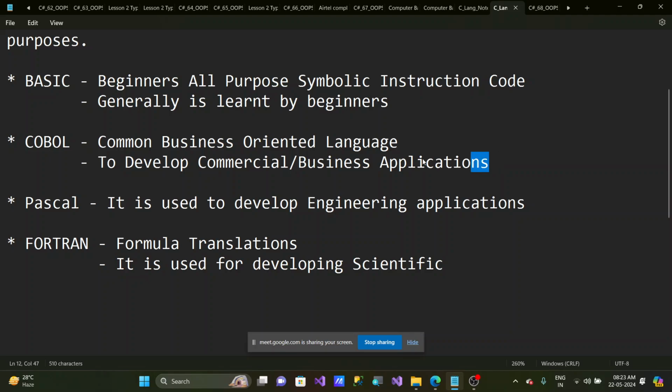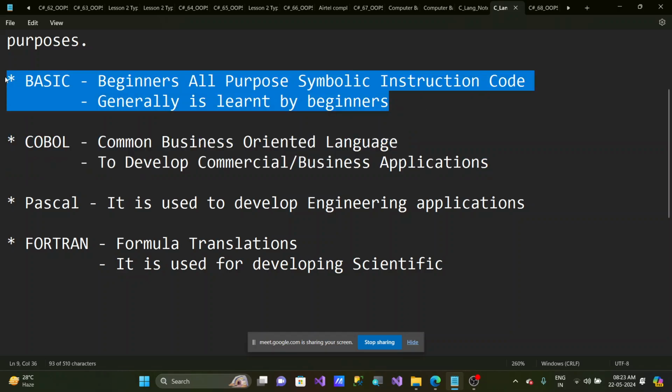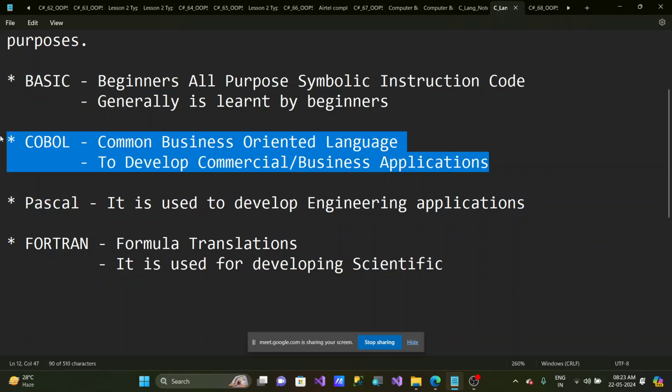Here in BASIC, line numbers are mandatory, of course given automatically. And coming to Pascal, again all lowercase letters, while here all capital letters. Like that, different rules and different syntax apply for different languages, guys.